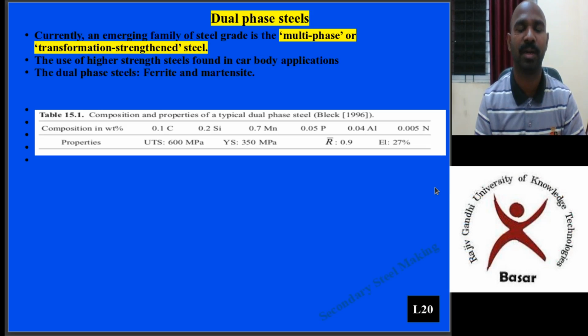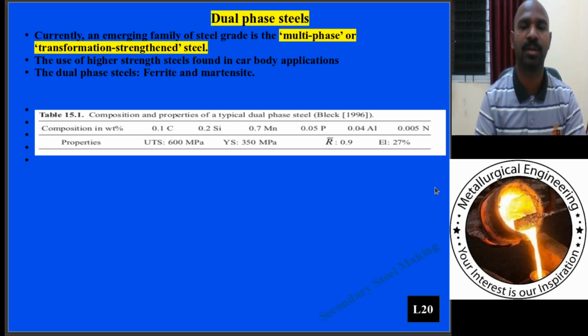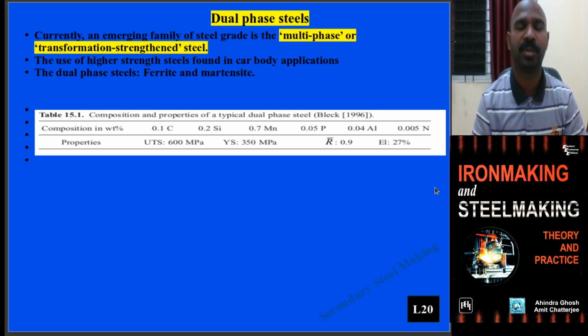And what do you mean by dual phase steel? It is named by converting the austenite into the mixture of ferrite and martensite by choosing the fast cooling route, avoiding the nose of the TTT curve.